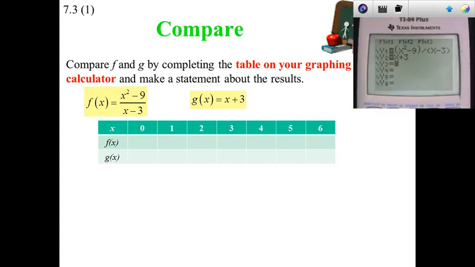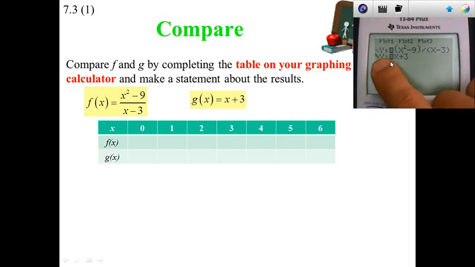The x squared minus 9 is on top, in parentheses, divided by x minus 3 on bottom, which is also in parentheses. And then under y2, I have this one.